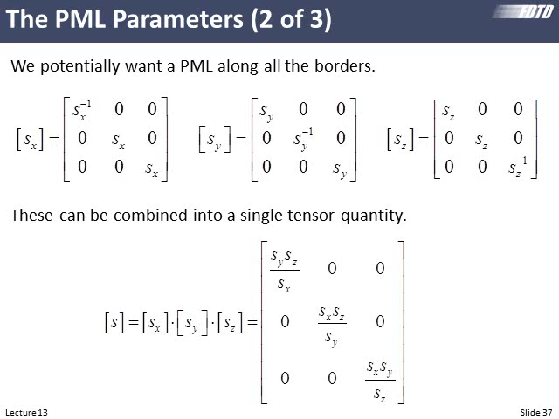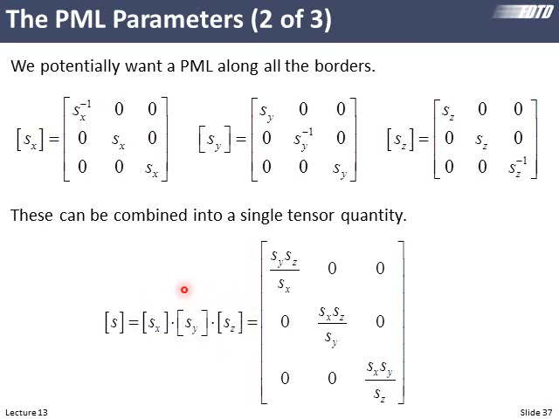But in 3 dimensions, we have waves that can travel in x, y, and z directions. We actually need all 3 at the same time. So we stepped through the derivation of an S sub z, which is for a wave traveling in the z direction, hitting a boundary that's limiting the z-axis. We could have easily talked through a wave traveling in the x direction or a wave traveling in the y direction. And the reality is we want all 3 of these.